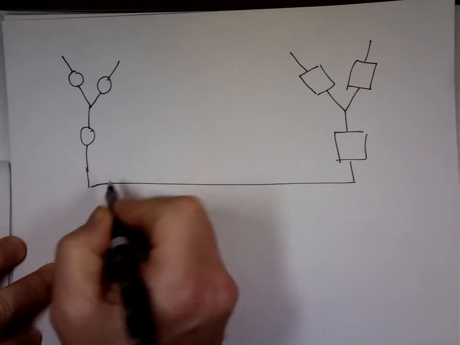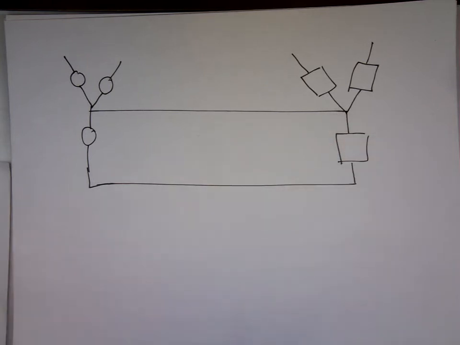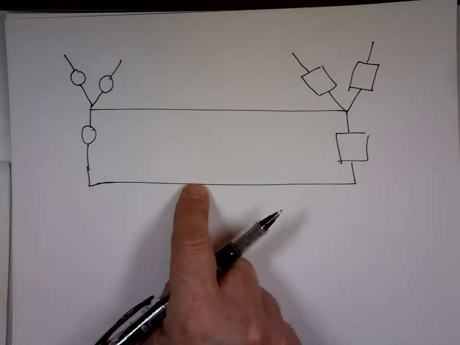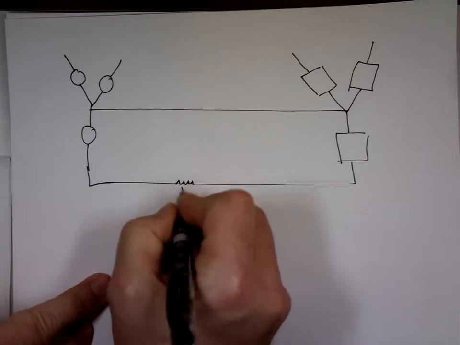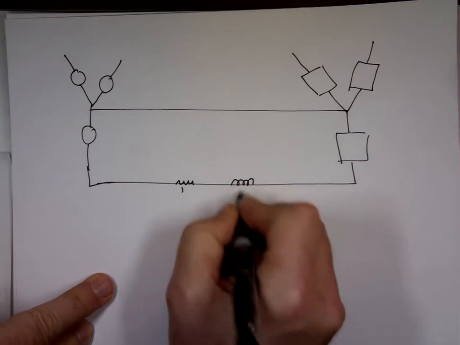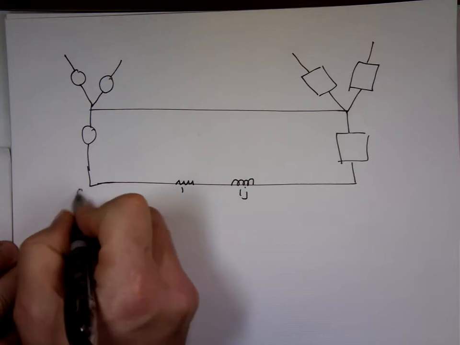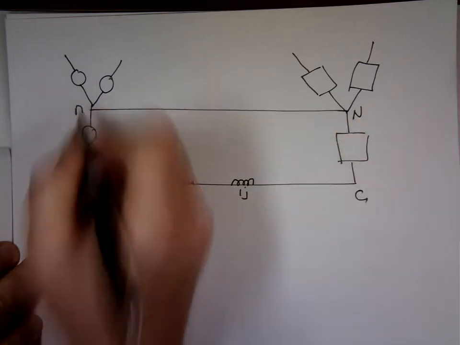Oh, I already jumped the gun. I can see, because it's not just connected straight forward. It says the line here, each one of these lines is 1 plus 1J. So you have a 1 ohm and 1J. If this is capital C, capital N, small n.